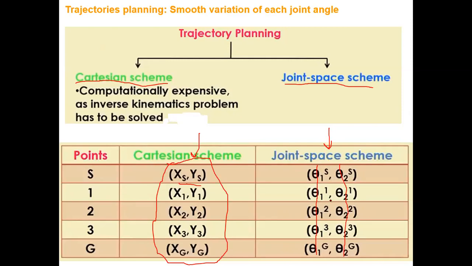So our goal is, how does this theta 1 go from s to g? That's what you will be doing. Similarly, after you finish theta 1, then you will be doing this also. Depending on how many joints you have, you will find a scheme for each of the angles in this case.